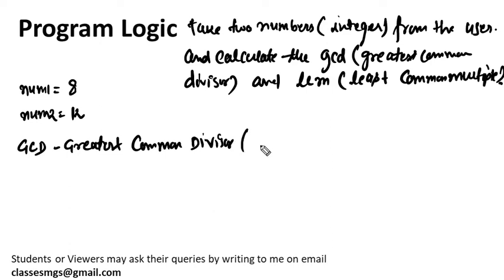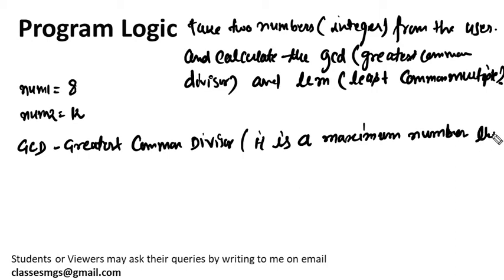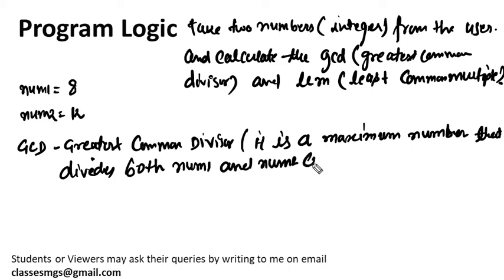Greatest common divisor is the maximum number that divides both number 1 and number 2 completely. So GCD is a maximum number dividing both number 1 and number 2.